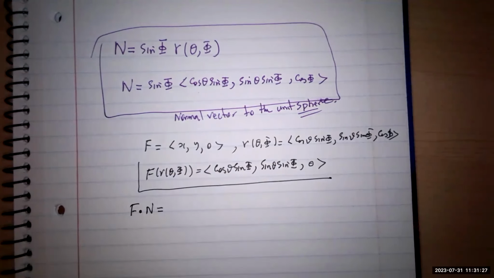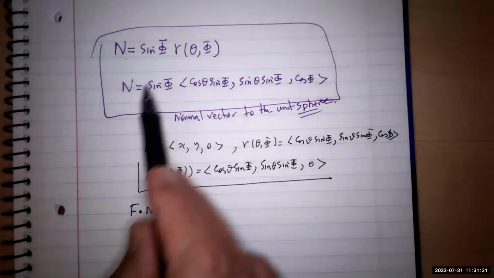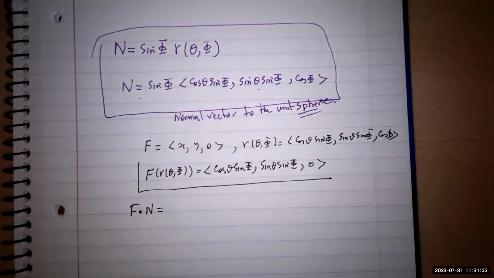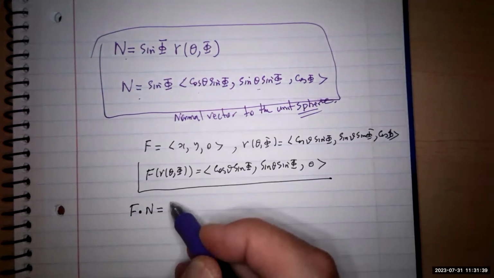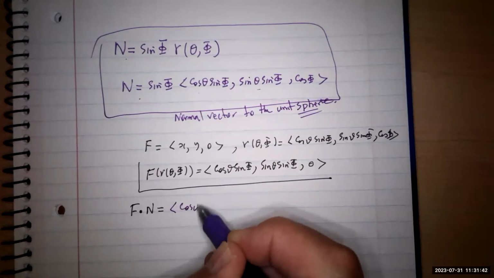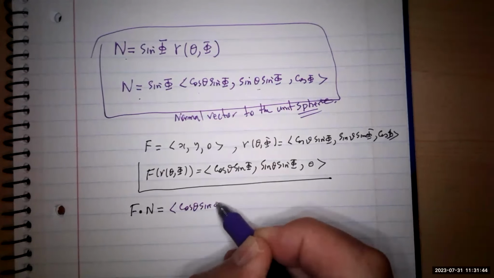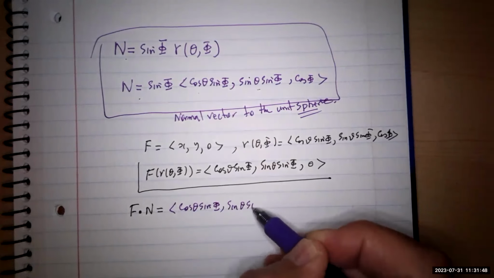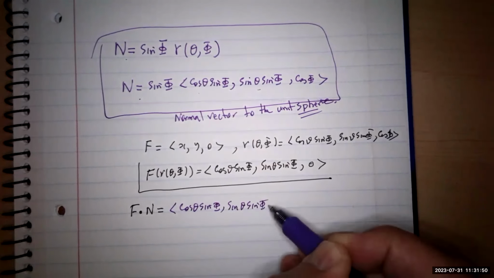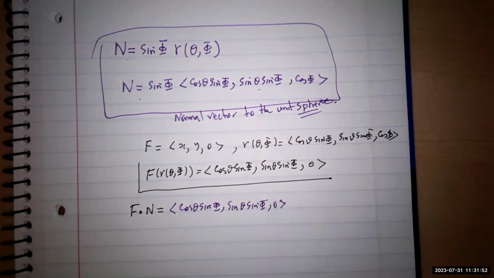which is going to be equal to, remember this is n. You can write it down in whatever format you like. So this is your f, which is going to be (cosine theta sine phi, sine theta sine phi, 0).